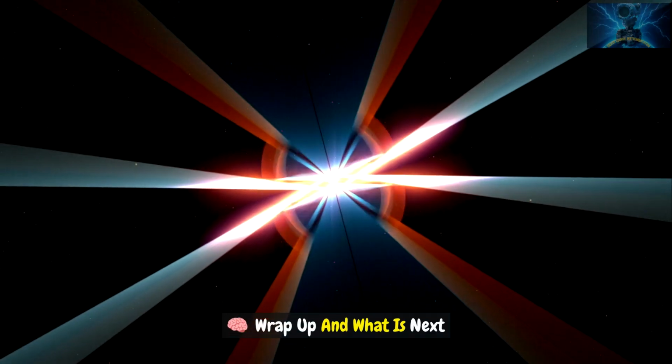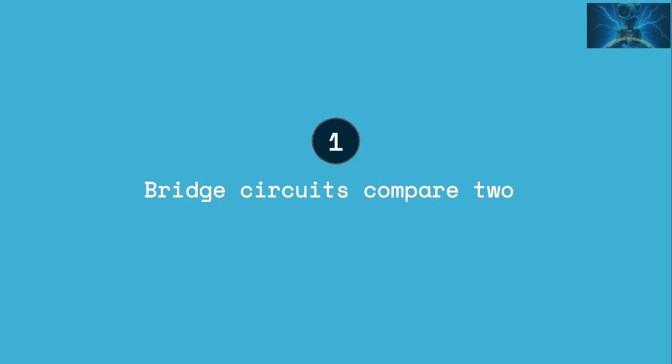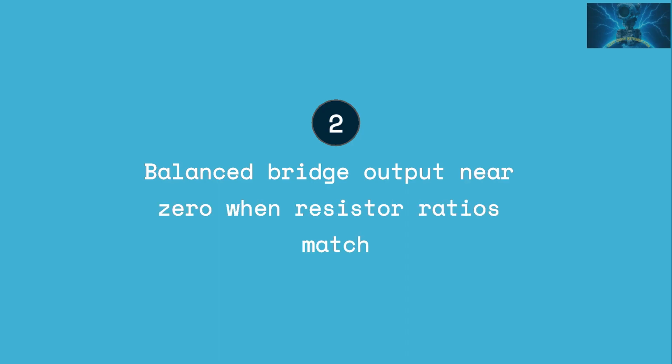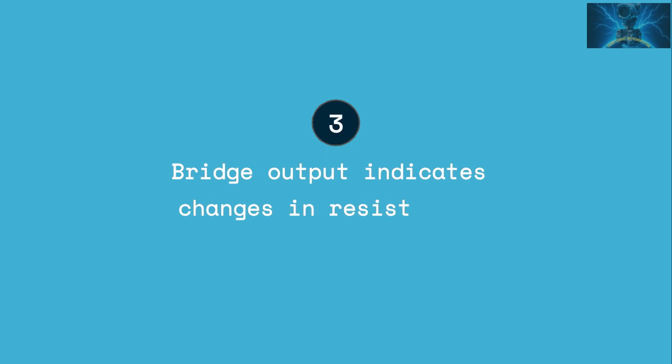Wrap up, and what is next? Bridge circuits are just two voltage dividers being compared. When the resistor ratios match, the bridge is balanced and the output is near zero. When one resistor or sensor changes, the ratios shift, and the bridge output becomes a sensitive indicator of that change.